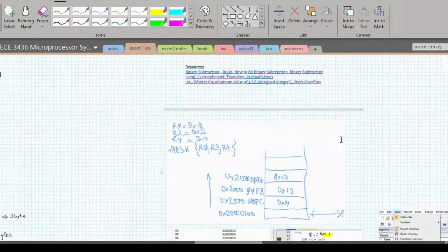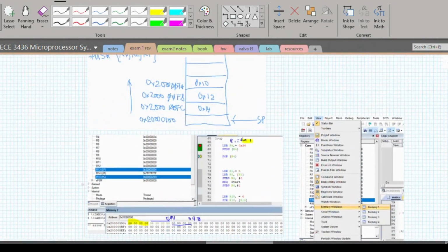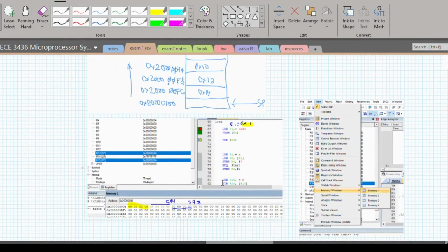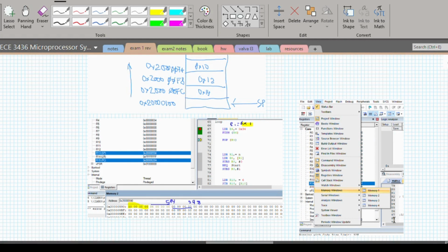This is more related to quiz 2, actually, and I recommend you test how you do the stack and how that actually shows in your KL, which you might get tested on in your quiz. So if you want to practice, you go to your KL, you have a code where you do some push, and you go to your view memory window and get any memory that you want.